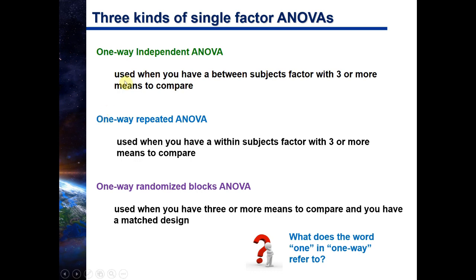One factor. That's why these designs are called single factor ANOVAs. All right, the statistical test is single factor. You have one IV. All right. If this said two-way, that would mean you have 2 factors or 2 independent variables. If this said 3-way, it means you have 3 factors, etc.